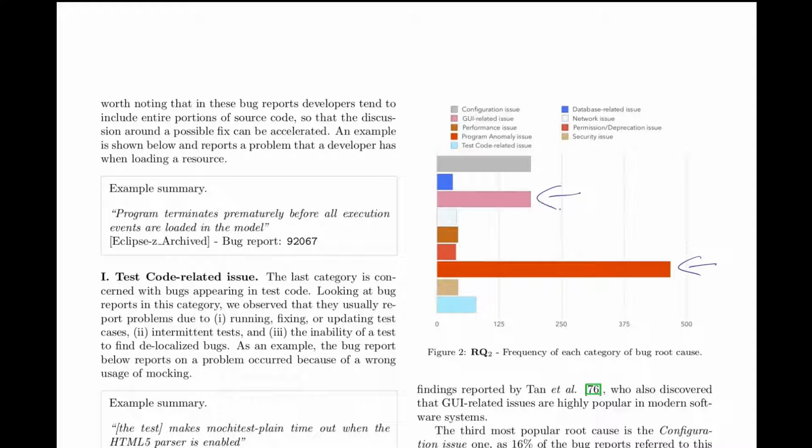GUI-related issues are bugs that complicate user interaction with the program, such as requiring an unexpected program restart. Test code-related issues are issues in running and interpreting unit tests, while other categories like performance and security describe bugs that reduce software quality in certain dimensions. The authors of the study do not report which of the bugs were defects, but we can see several classes of bugs that are clearly undesirable in general.